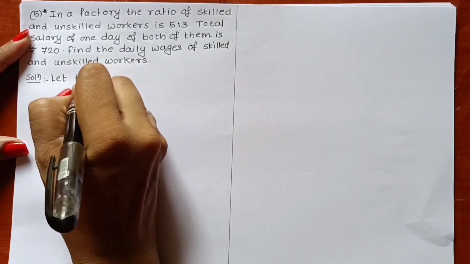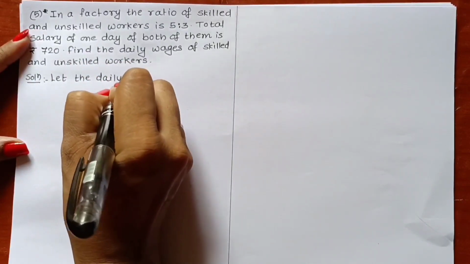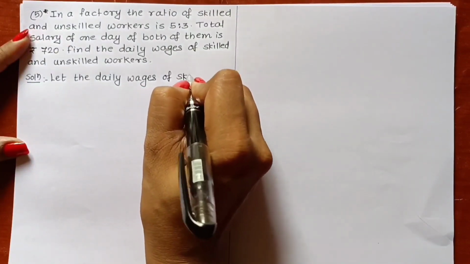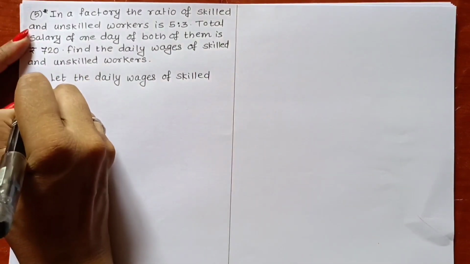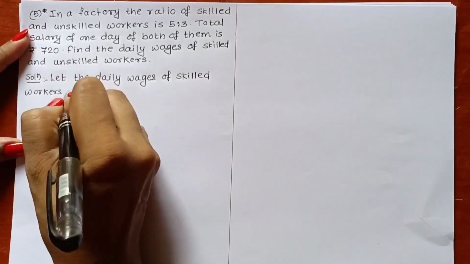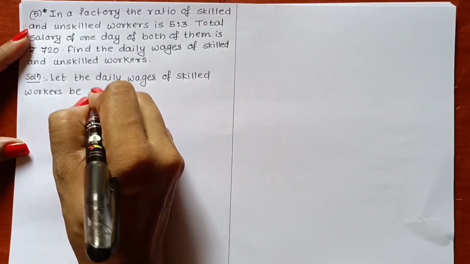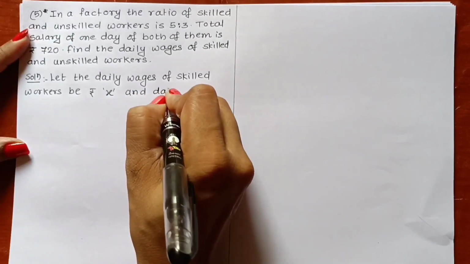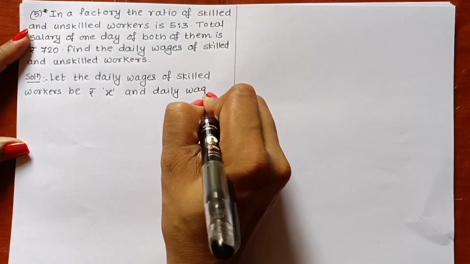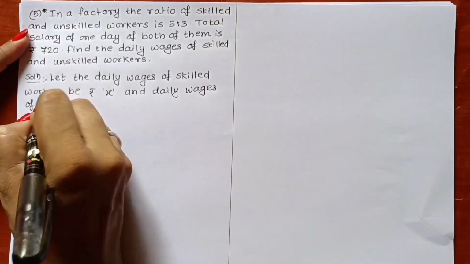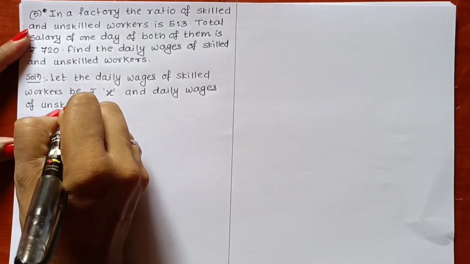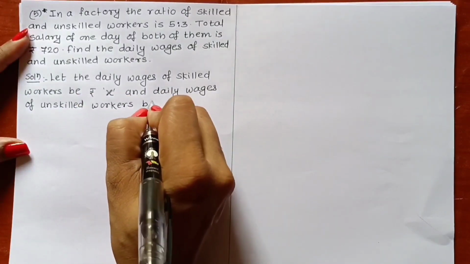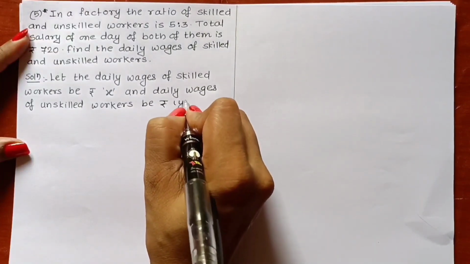Okay, let the daily wages of skilled workers be rupees x and daily wages of unskilled workers be rupees y.